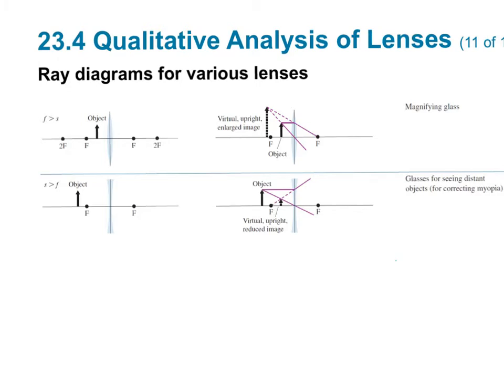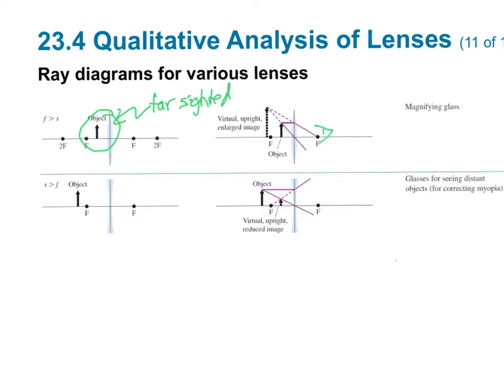So here's when you get inside 1 focal length, a convex lens acts like a magnifying glass. So this is an interesting case right here. This is the kind of lens that people who are farsighted would wear. So this is older people who need reading glasses, and they're farsighted, so they have lenses that make things look bigger.